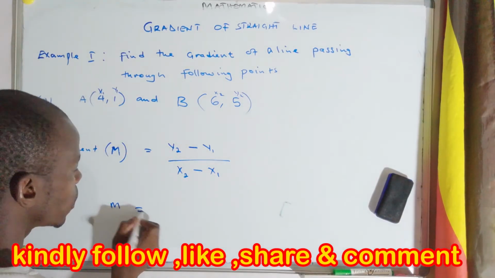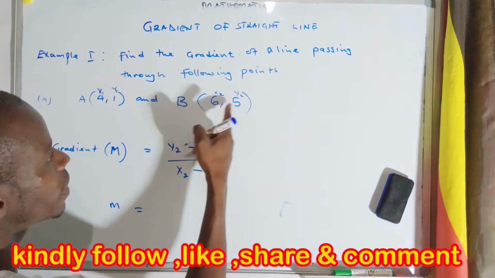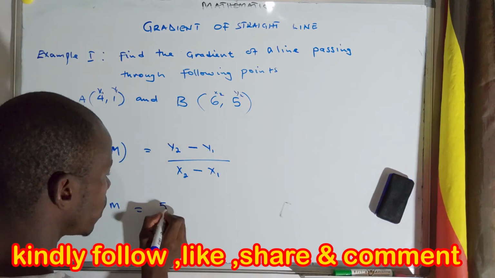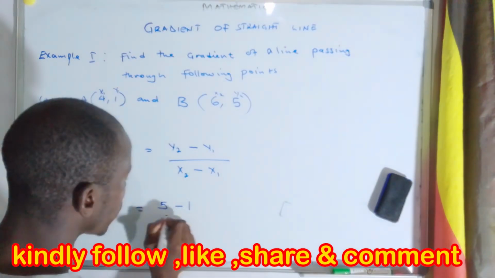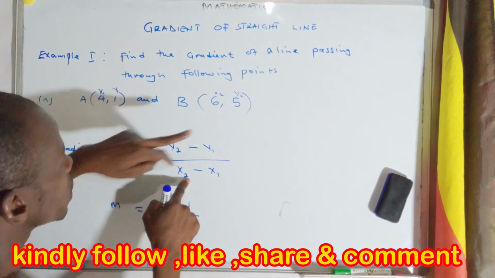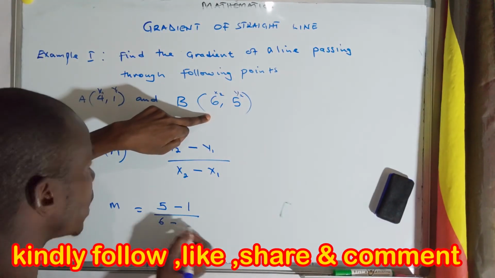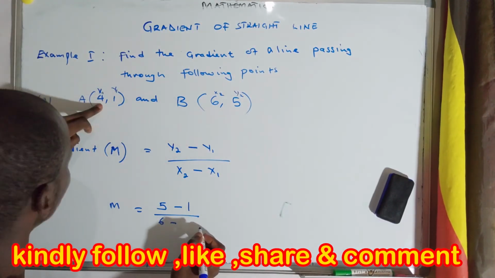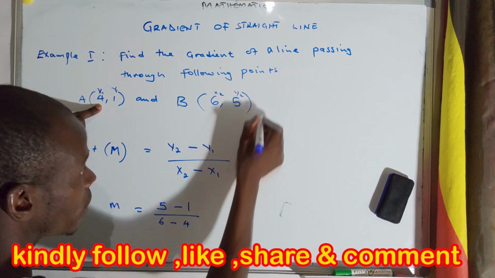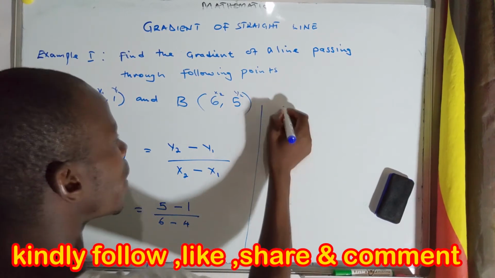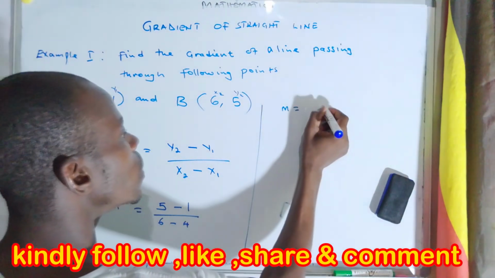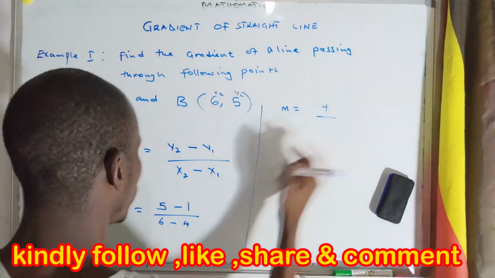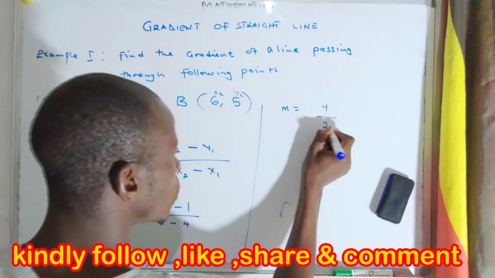Gradient is equal to y2, which is 5, minus y1, which is 1, out of x2, which is 6, minus x1, which is 4. Then M is equal to 5 minus 1, you get 4, out of 6 minus 4, you get 2.